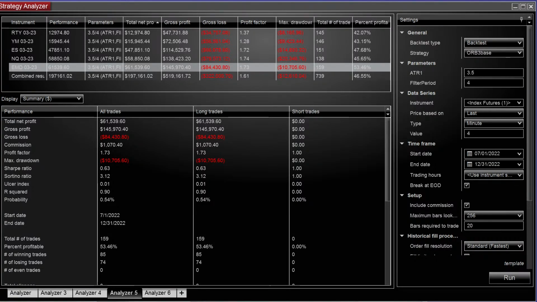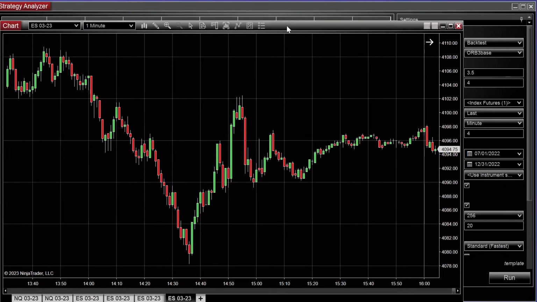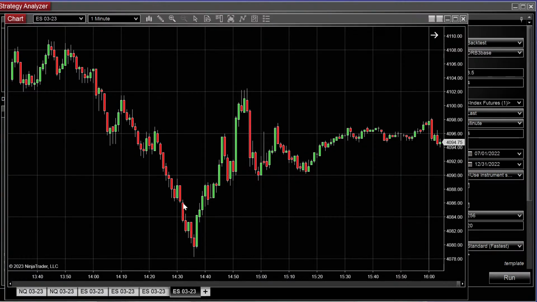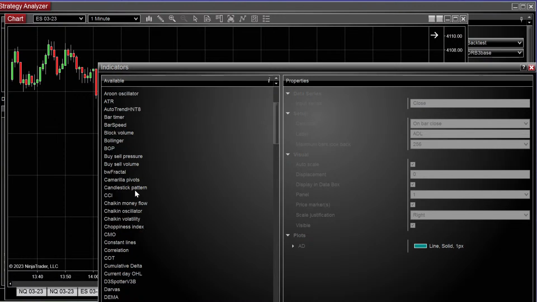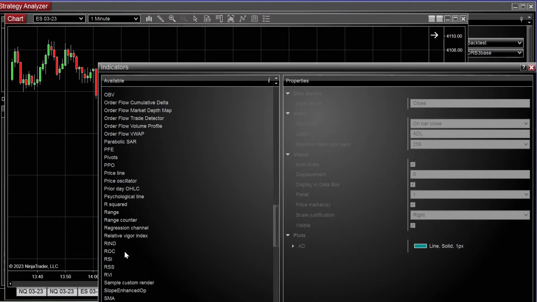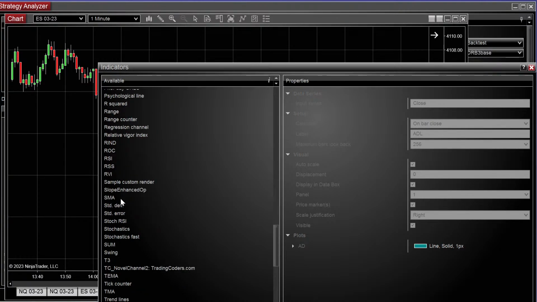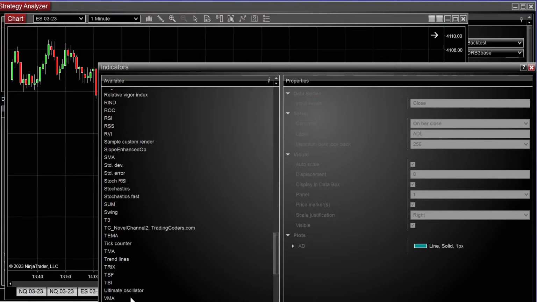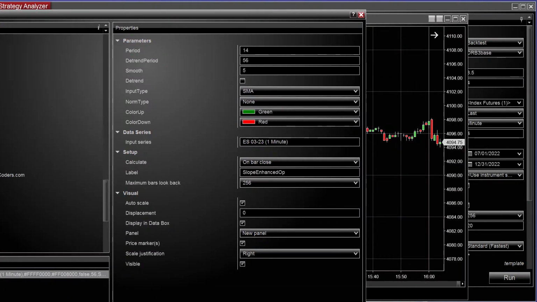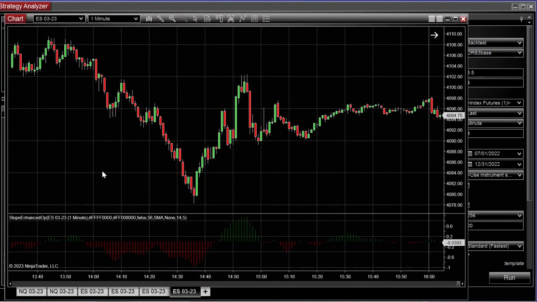I haven't pulled this indicator up on the chart yet, but I do think it's going to do the job. I can't recall what it was called. Slope Enhanced. Cool.